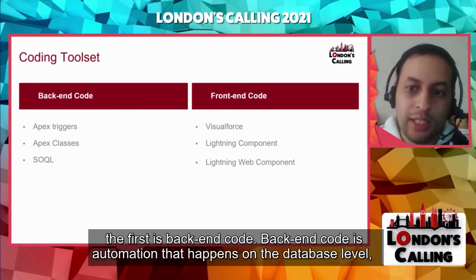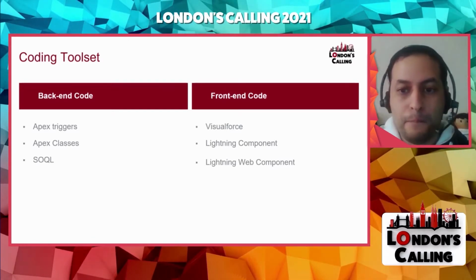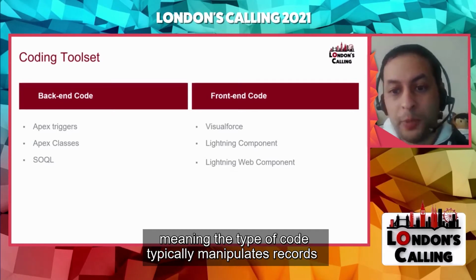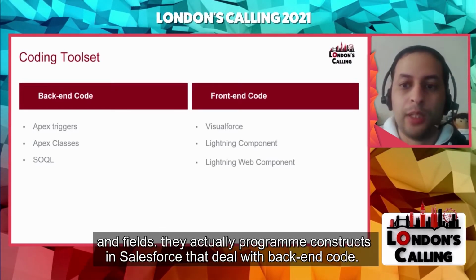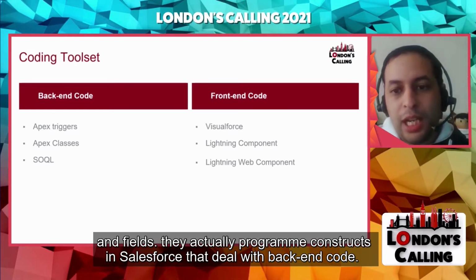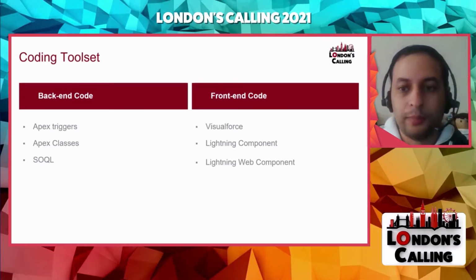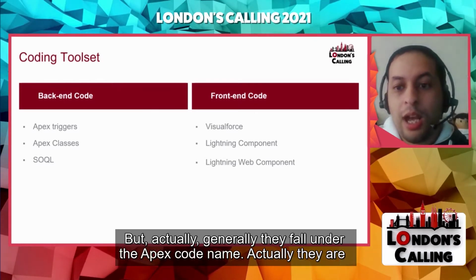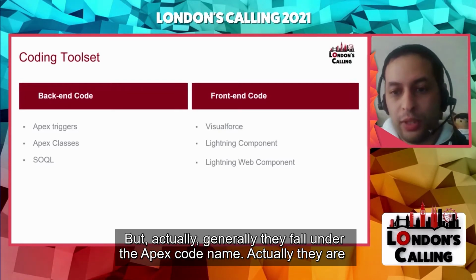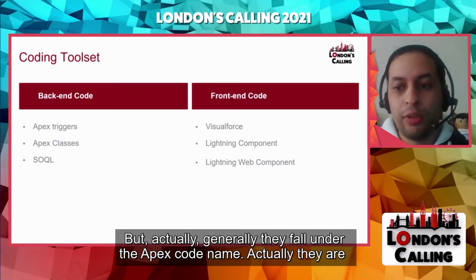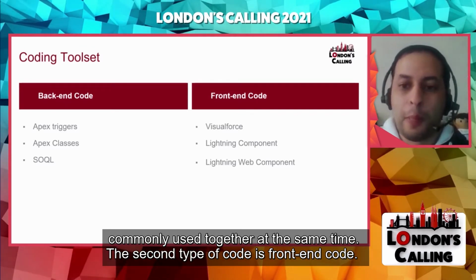Backend code is automation that happens on the database level, meaning this type of code typically manipulates Salesforce records and fields. There are three programming constructs in Salesforce that deal with backend code, but all three generally fall under the Apex code name, and all three are commonly used together at the same time.